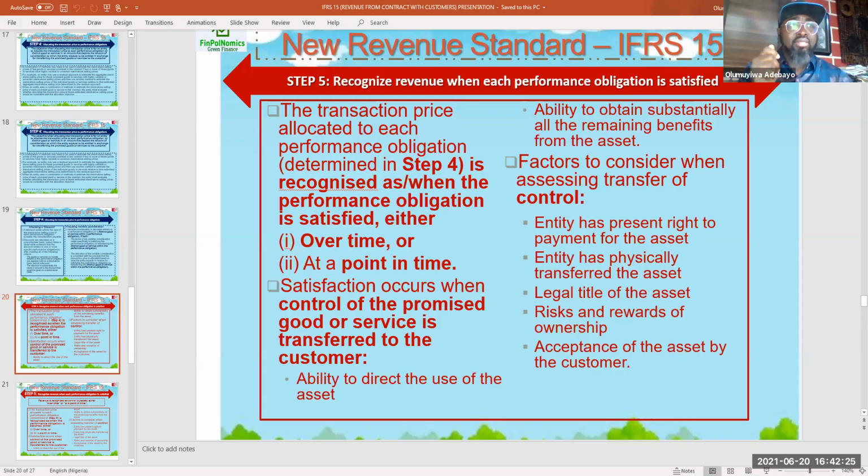You've taken the Uber and the Uber has dropped you in your spot, which means you have consumed that service as a whole. In that situation, revenue is deemed to have been recognized at a point in time, or should be recognized at a point in time.